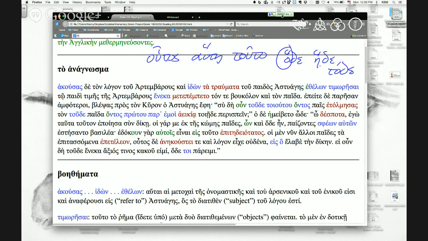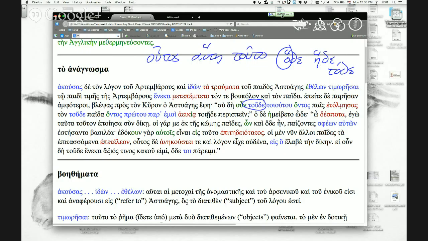So you actually dared a child of this person here. So who is he referring to? Who's he the child of? This is the Boukolos.